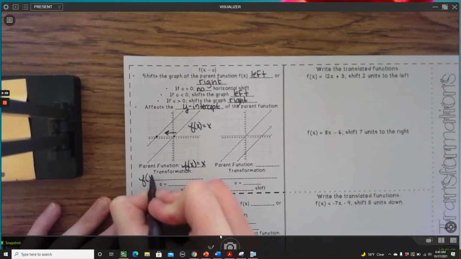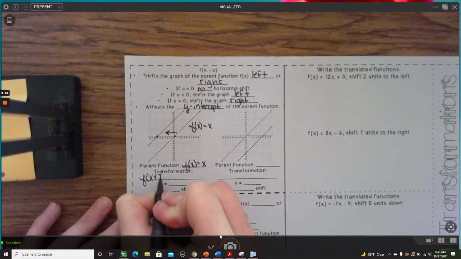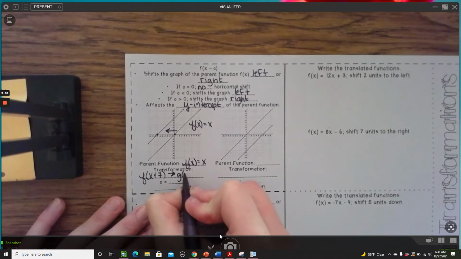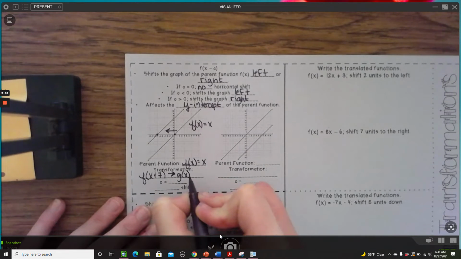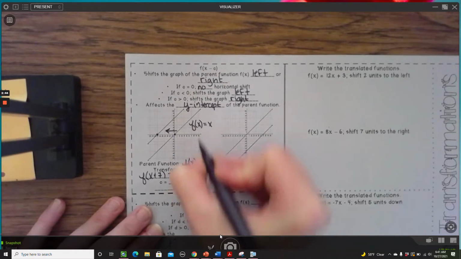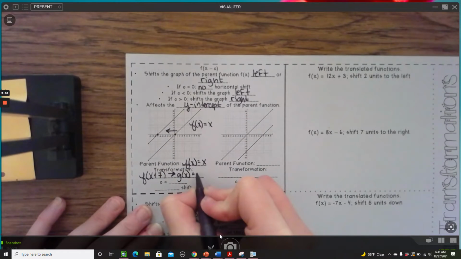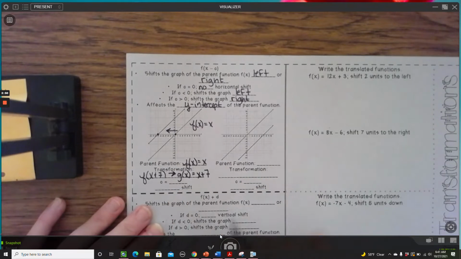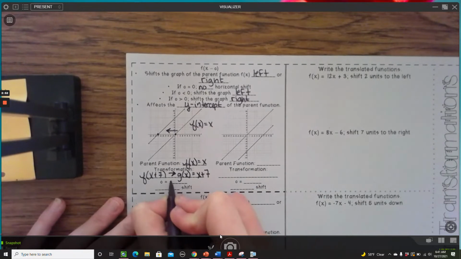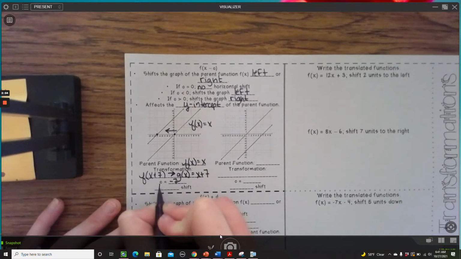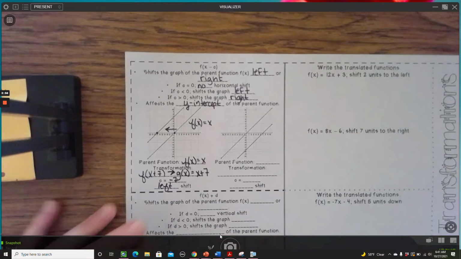That's my transformation. My new function has a different name now since we transformed it. It's now going to be g of x, and the equation of this line is going to be x plus 7. So the c value is a -7, and it's a left shift.